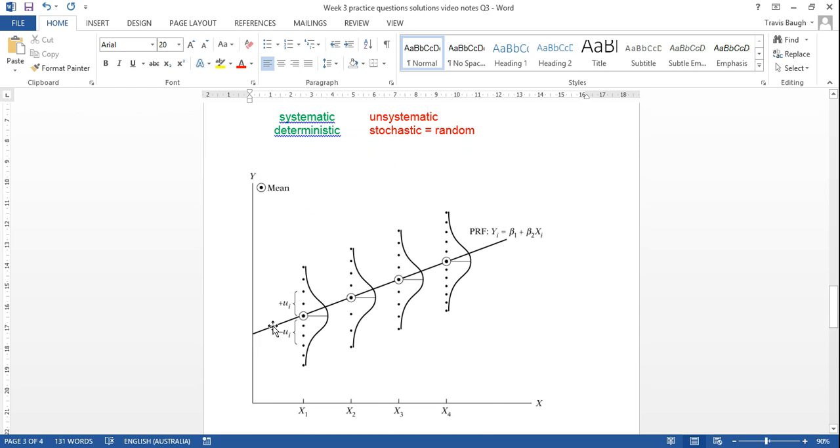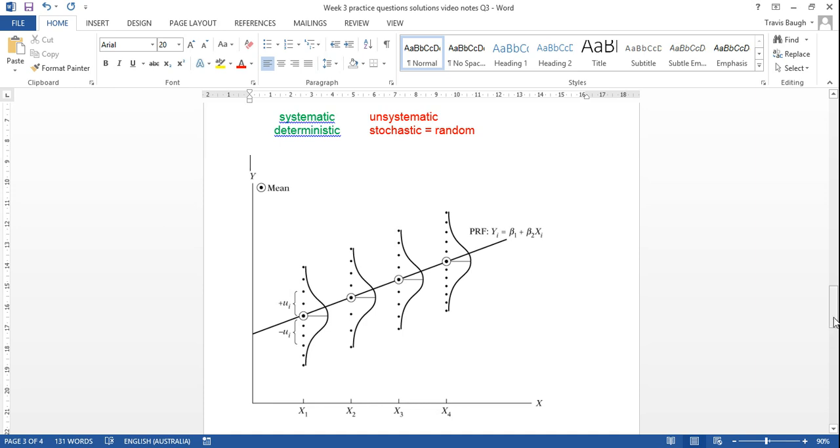So for a given value of x1, the component of y that is systematic is this distance here. And then the stochastic component is the difference between the actual y that we see and that expected value of y. So say if we were looking at this observation here, that difference between the expected value on the line and this actual y value is the disturbance term. And in this case it's negative because the actual value of y is less than the expected value.